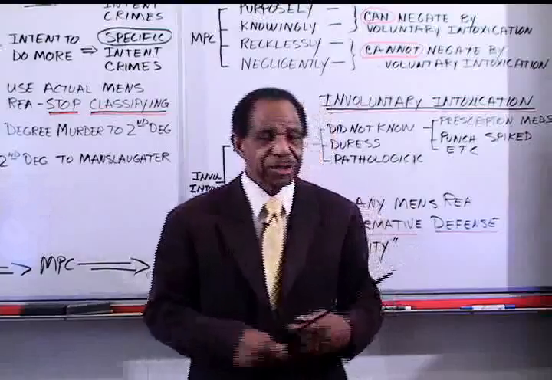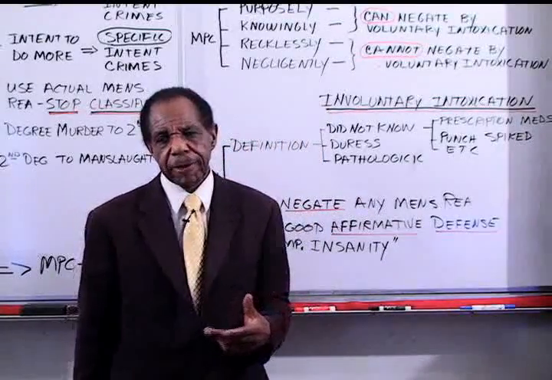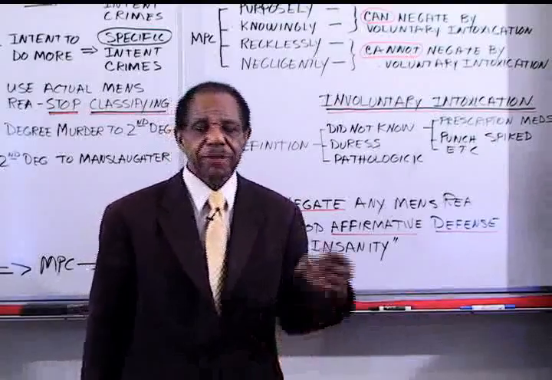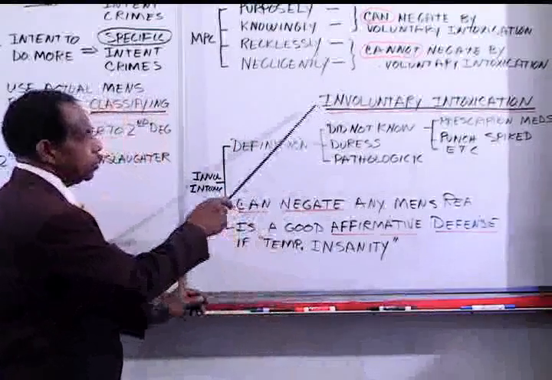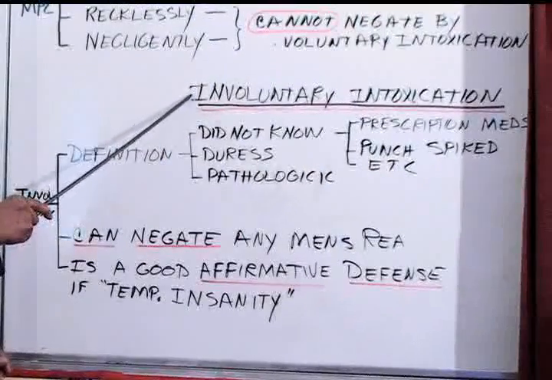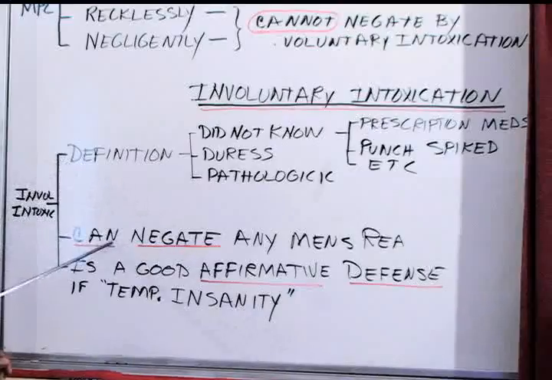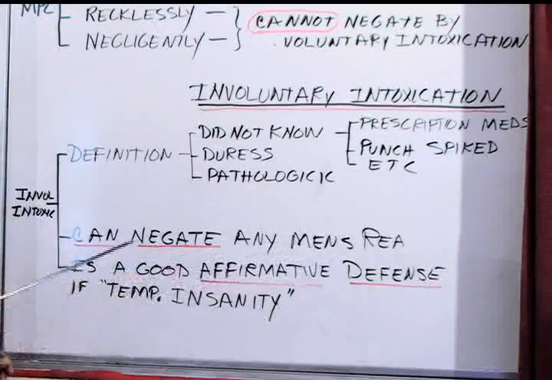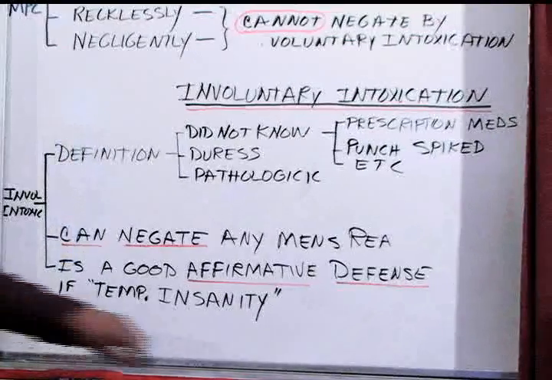Normally, intoxication is not an affirmative defense. Okay? But when it's this severe and it's involuntary, then you can use temporary intoxication. So that's how involuntary intoxication works. Need a definition? Involuntary intoxication negates any mens rea, and if it's so severe as to create temporary insanity, that's a good defense also.